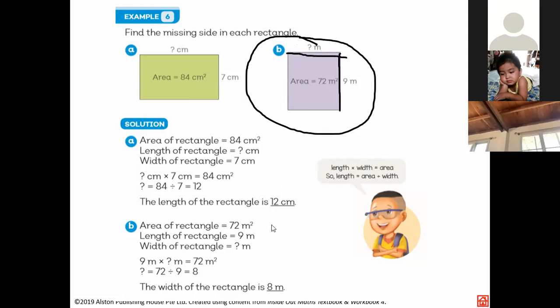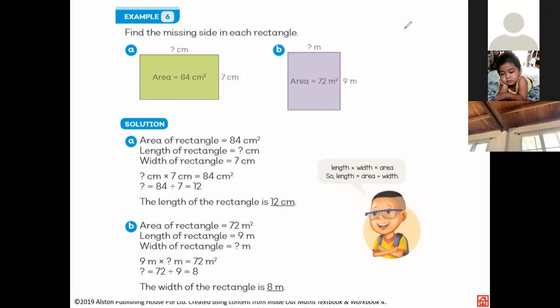You just have to divide 72 meters squared by 9 meters. So you cancel this one. So 72 divided by 9, that's 8 meters. So the missing length here is 8 meters.